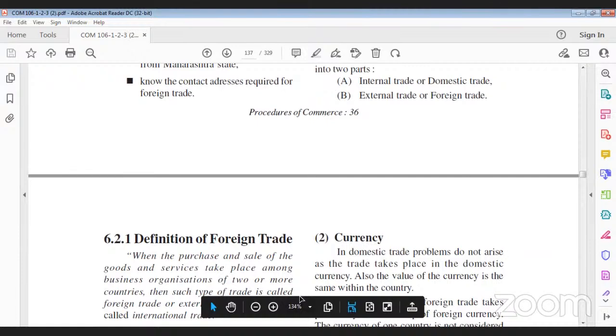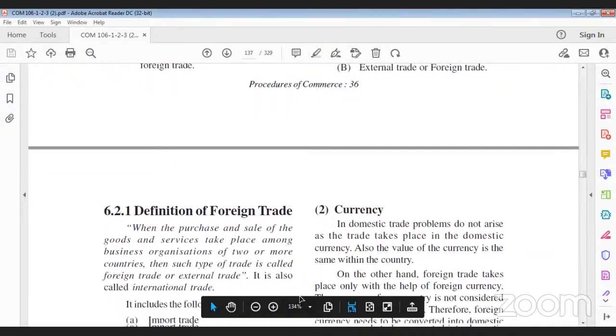First point is that of area. Domestic trade is limited to the domestic or internal market only. The trade takes place between domestic traders and institutions only. While foreign trade is concerned with the worldwide foreign market, and it involves persons, trade institutions, and governments of at least two countries.